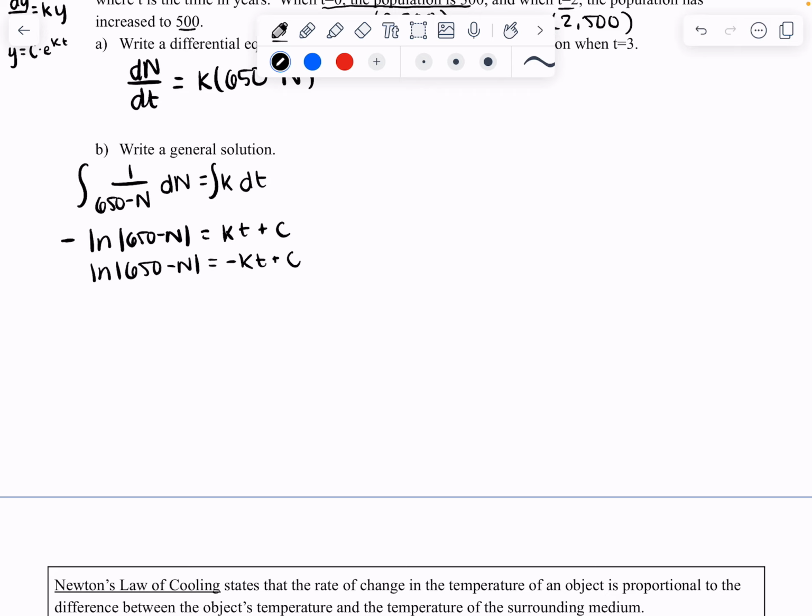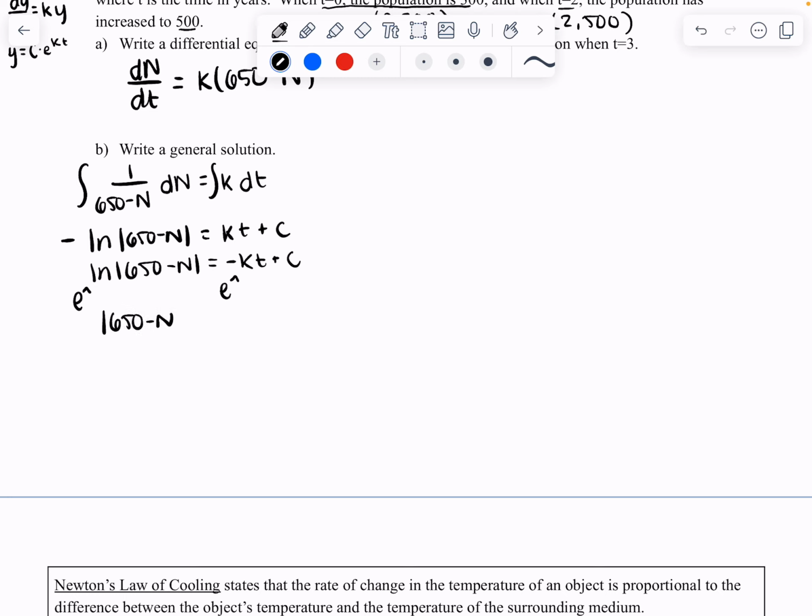You don't really have to put the negative, and that's why I said it works out if you forget about the negative in front of the natural log, because we have these two constants on the other side anyway. So we'll try to be mathematically correct as we show our work here, but it would work out if we were not.